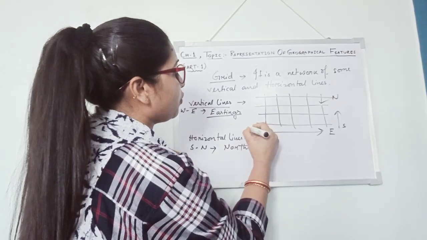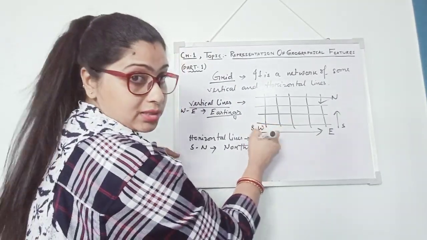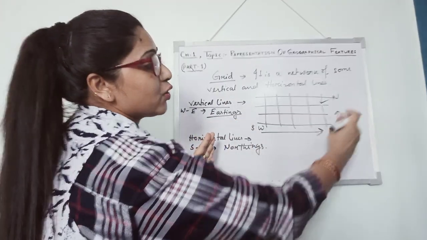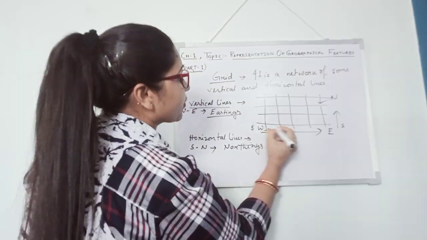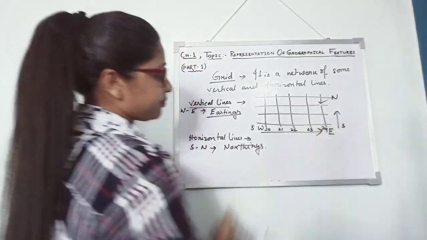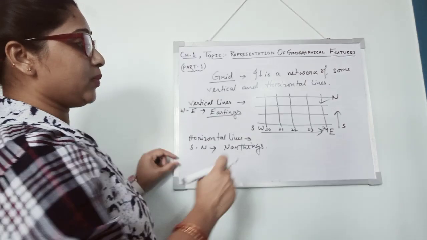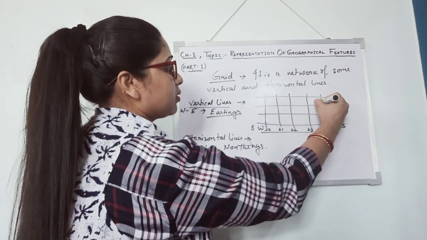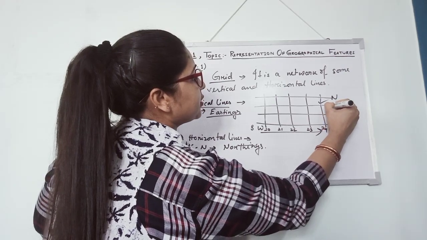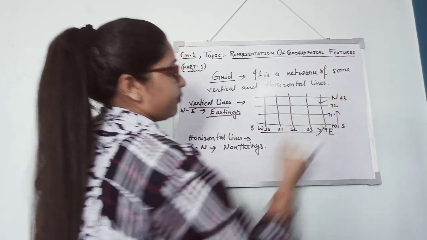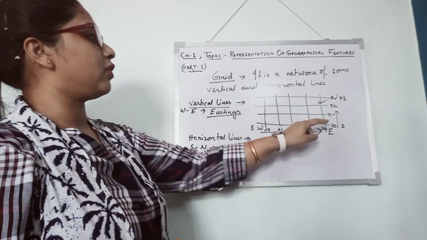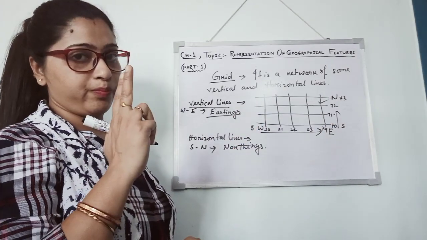This is the southwest corner. The number for the eastings increases towards the eastern side: 20, 21, 22, 23, 24. And the northings increase south to north, like 70, 71, 72, 73. Is it clear? Every easting and every northing has a 2-digit number.